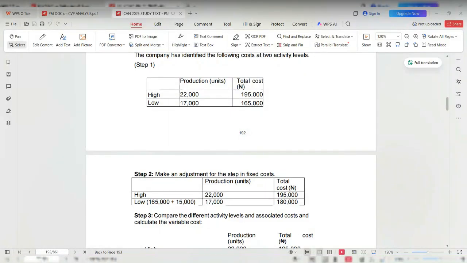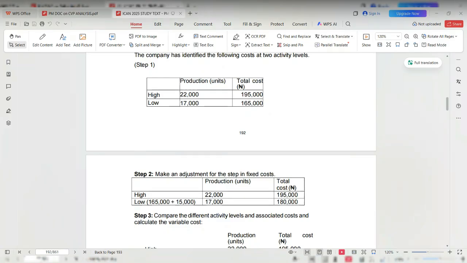Then our low will be 17,000, then we have 165,000. Then the revised will now be what? The revised high will now be 22,000. 195 minus 15 should be 180, right?